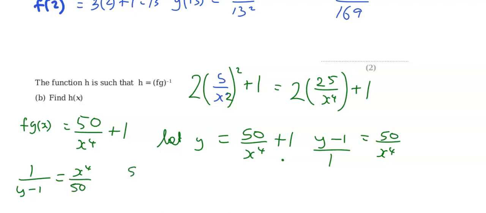Multiply both sides by 50. And then, of course, x will be the fourth root of that stuff. Sorry, that's supposed to be by minus 1, isn't it?